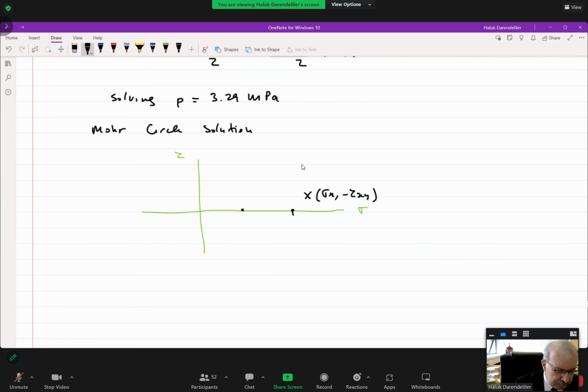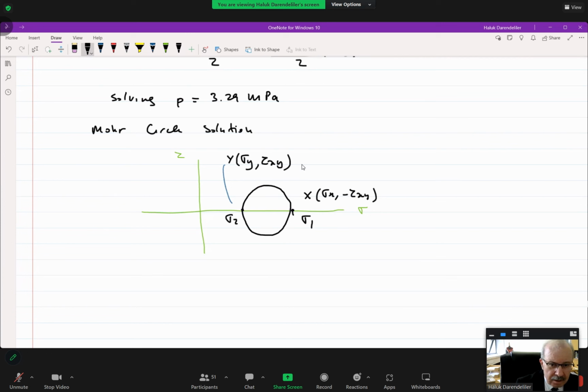This point is Y. Y is sigma Y, tau XY. But we know that tau XY is 0, and sigma X is equal to sigma 1. So this is sigma 1 and this is sigma 2. Therefore, here is the Mohr circle for this problem.